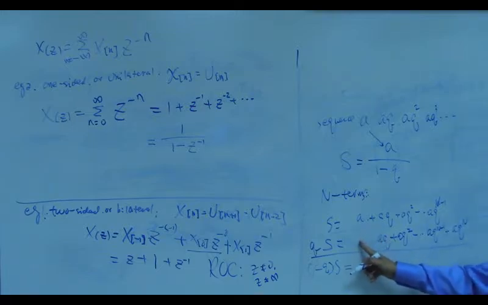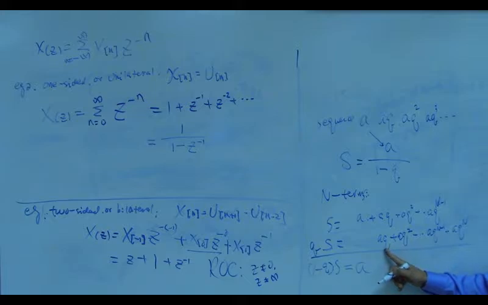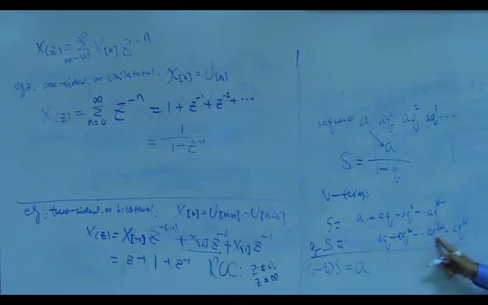We don't have a corresponding term to subtract from a, so that's a here. This term minus this term is gone, right? This term and this term cancel, and so on. How about this term? We cannot cancel it. This term is here. So this one minus this will be a minus aq^n.